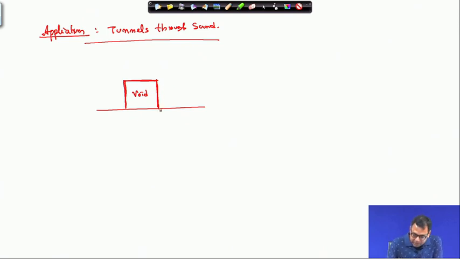So this surface will make an angle of 45 degree plus phi by 2, and this side also there will be an active condition, where this surface will make an angle of 45 degree plus phi by 2.